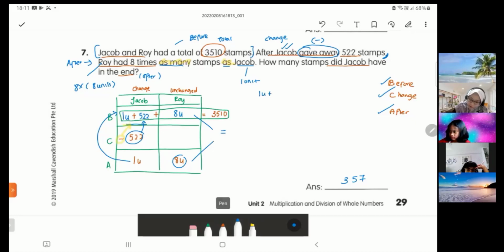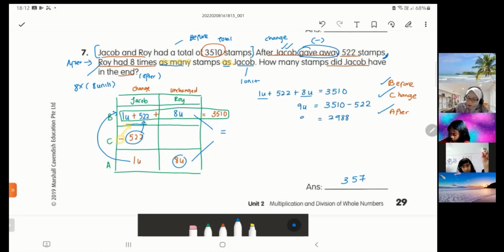1 unit plus 522 plus 8 units equals 3510. Units and units, 8 plus 1 equals 9 units. Equals 3510. You take away the 522. Equals 2988 is 9 units.